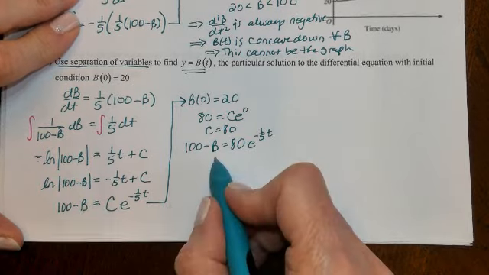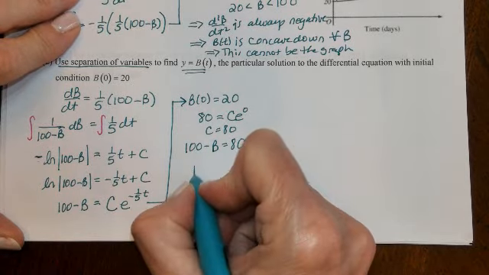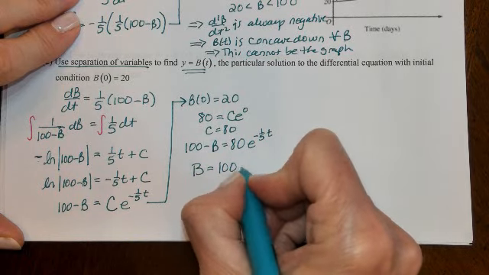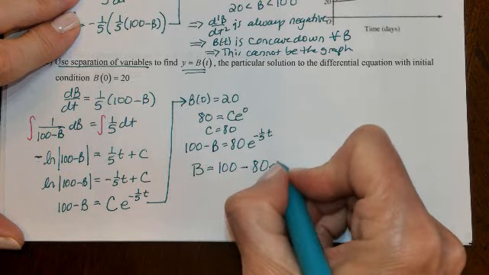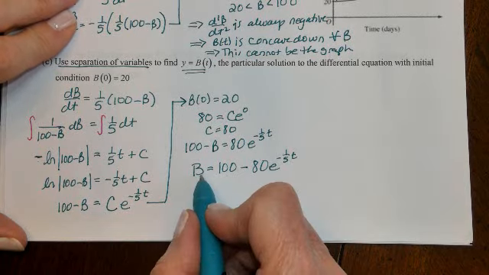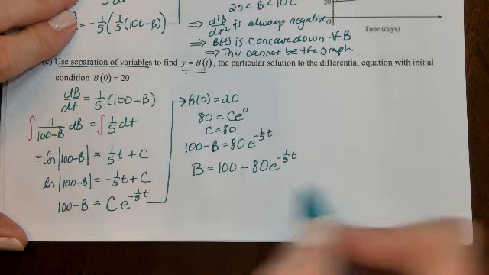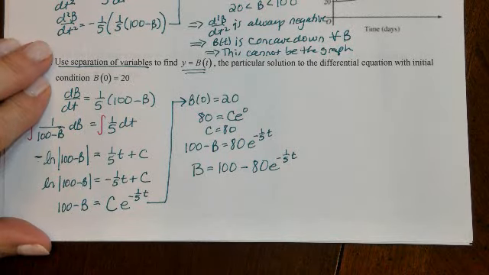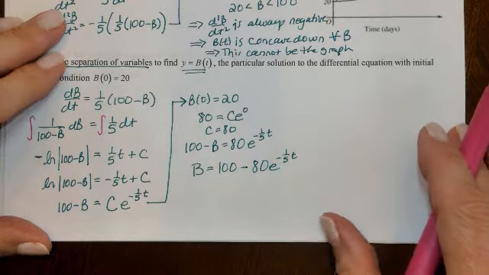And now we just have to solve that for B. So B will be 100 minus 80 e to the negative 1/5 t. And if you want to call it B of t, you can, or you can just leave it B. Either way is fine. They didn't ask us to use it, so we'll just stop there.